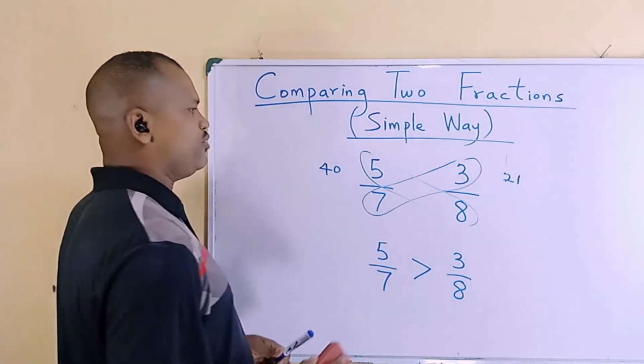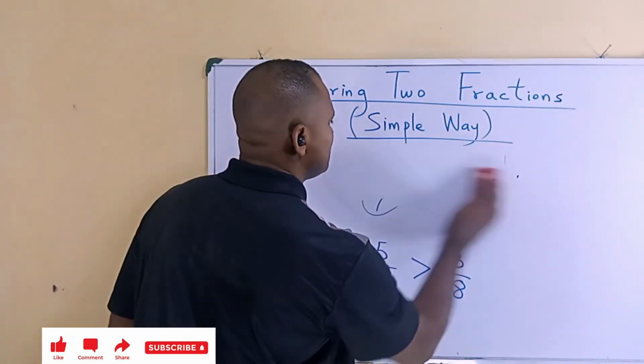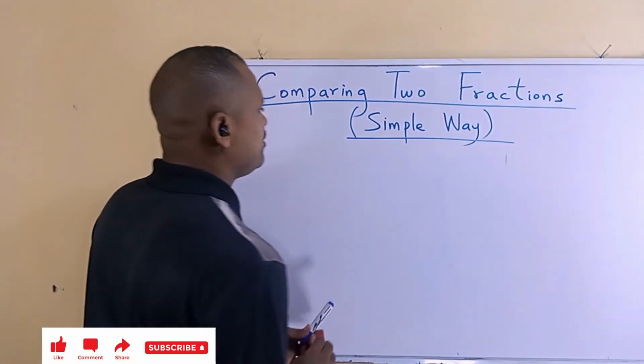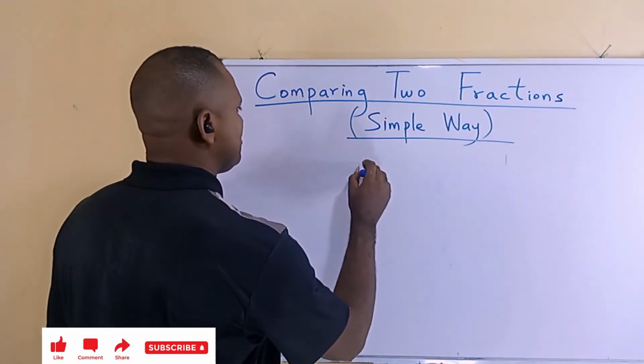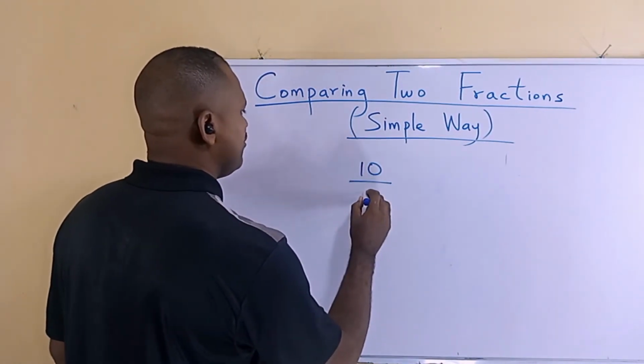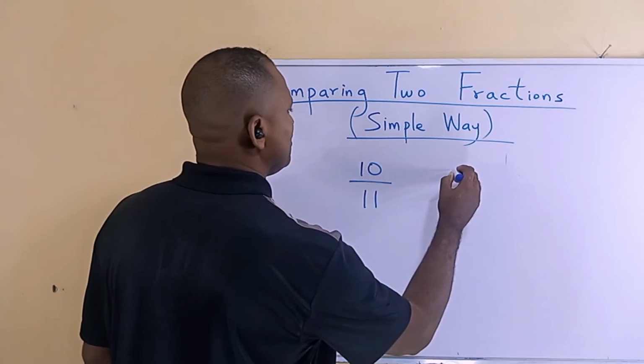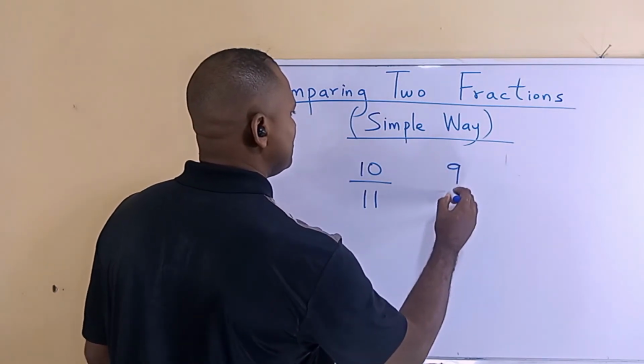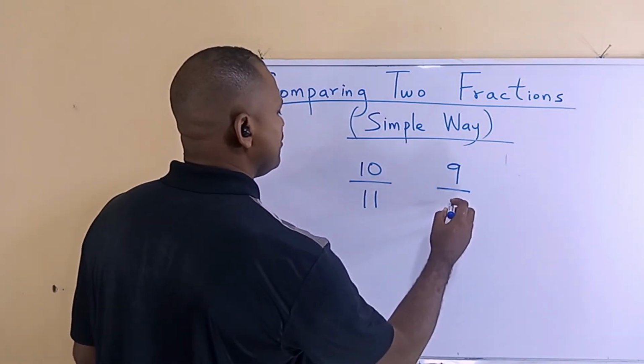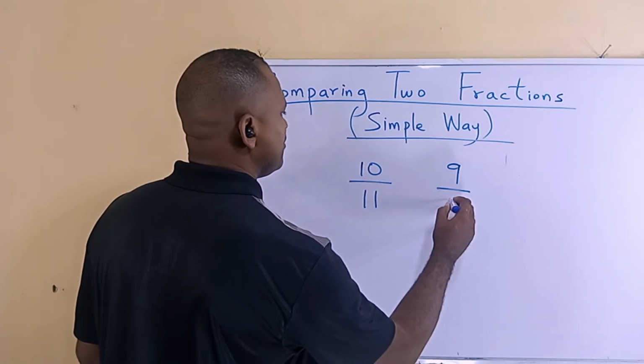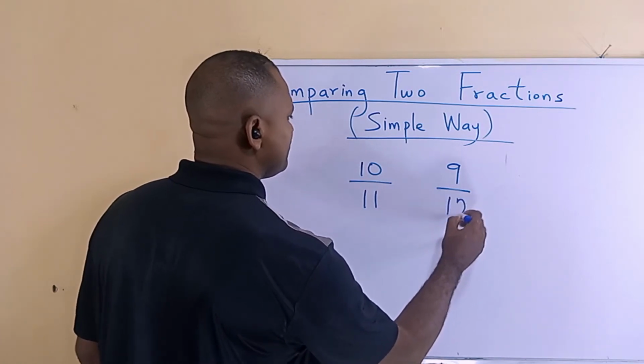The last example I will do is, let's say 10 over 11 and 9 over 12.